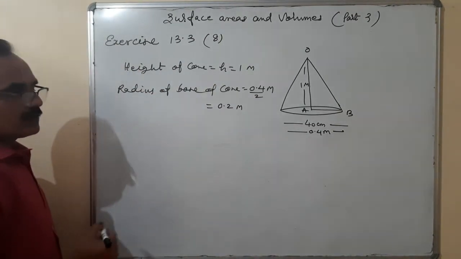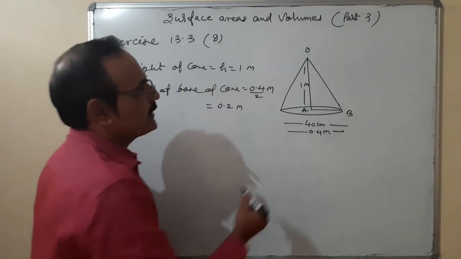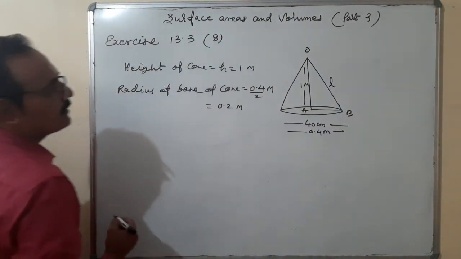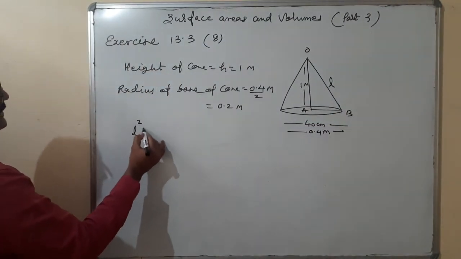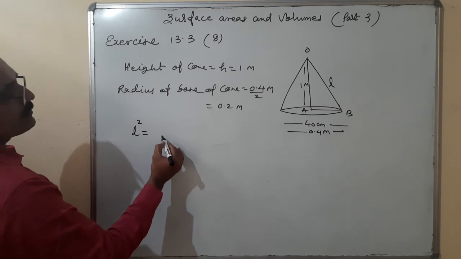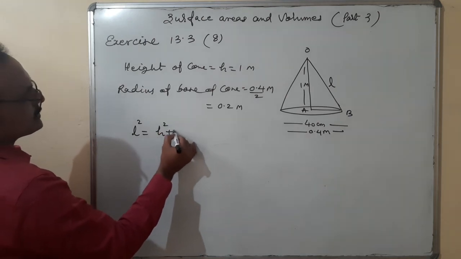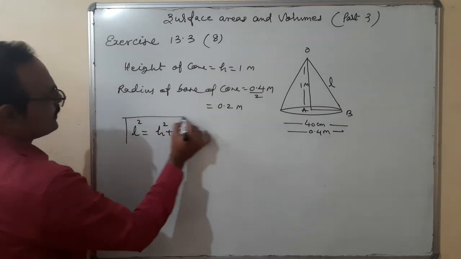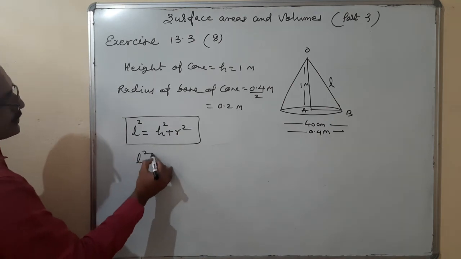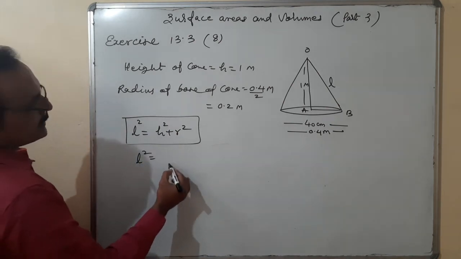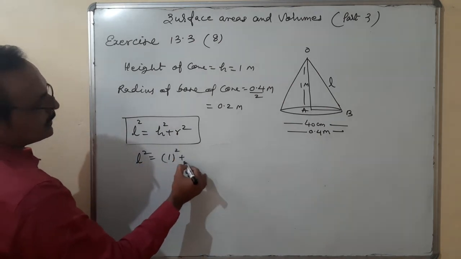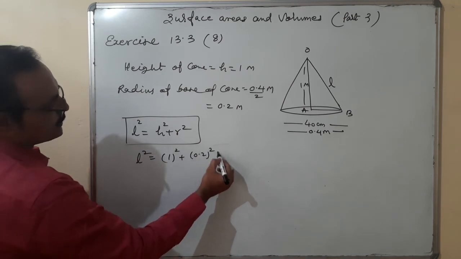So for finding the curved surface area, we need slant height L. Slant height L square is equal to h square plus r square. This is the relation. L square is equal to 1 square plus 0.2 square.